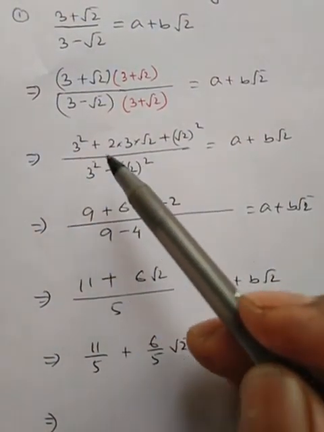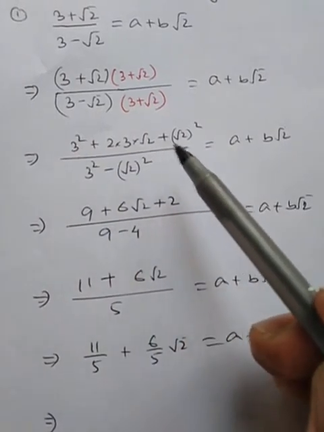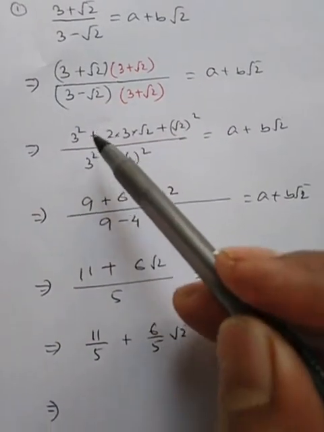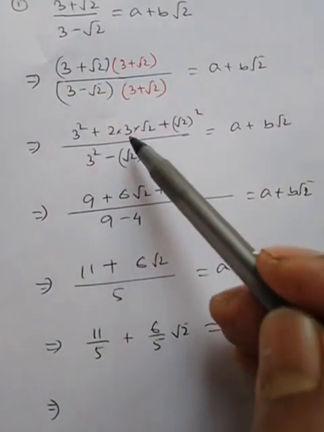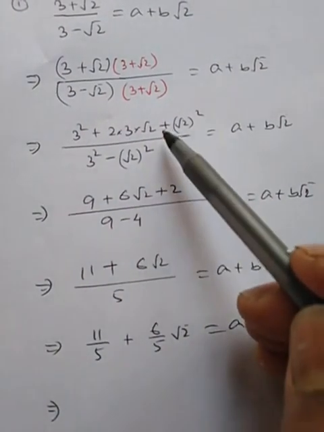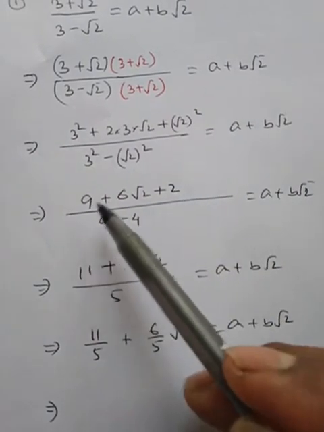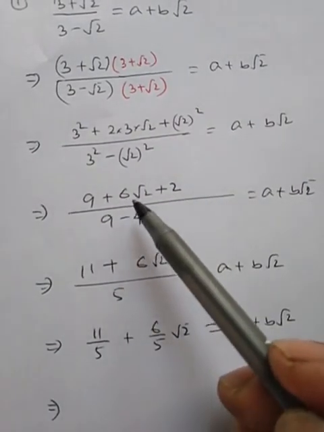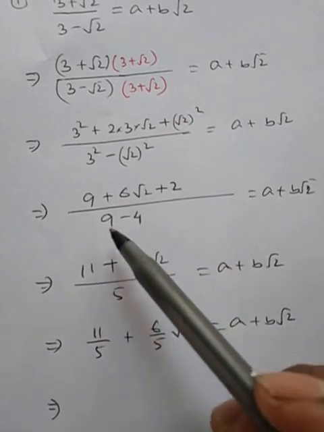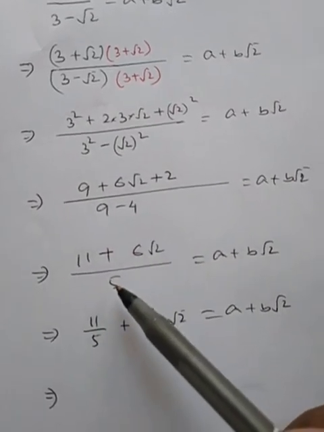So then a square plus 2ab plus b square, so 3 square becomes 9, 2 into 3 is 6, 6 root 2, then plus root 2 square is 2, so 9 plus 2 is 11, then this term will be as it is, and 9 minus 2 is 7.